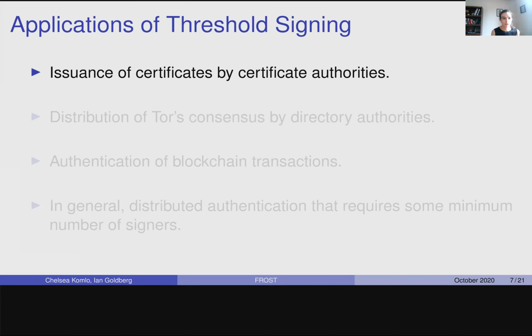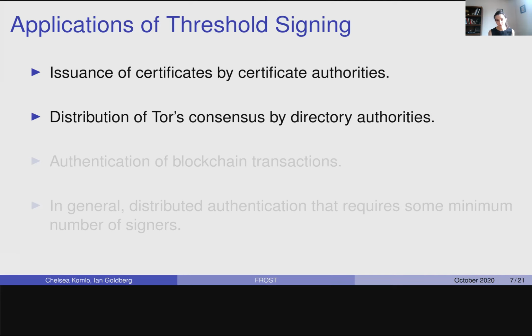And then thinking about some applications of threshold signing. Where these have been discussed as potentially being beneficial is, for example, in certificate authorities. So we all know about certificate authorities issuing bad certificates. Threshold signing can be used in order to raise the bar for an adversary.